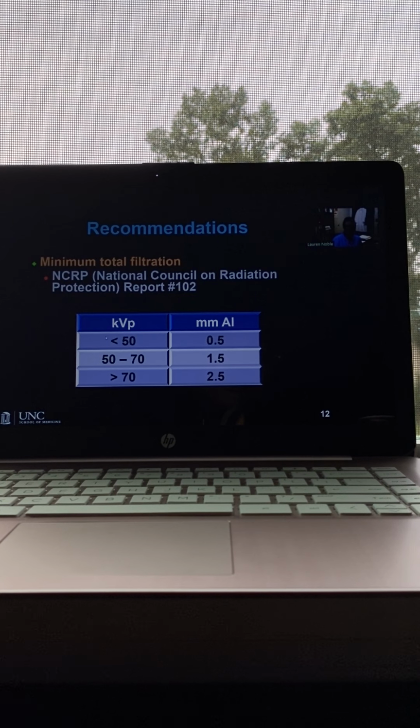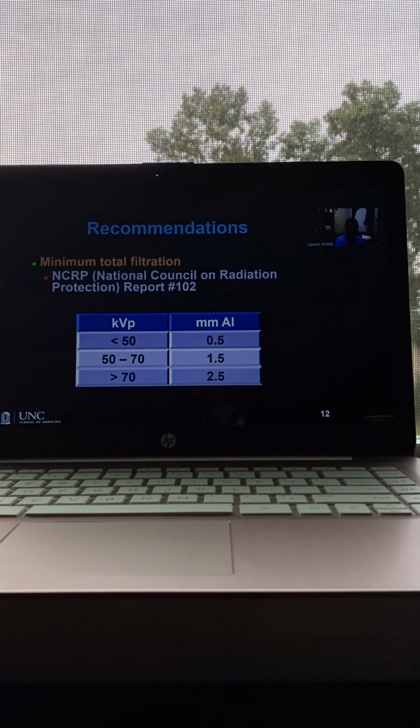If it's a facility where the tube operates at less than 50 kVp and it can't go any higher, then the filtration is only 0.5 millimeters of aluminum. This really would pertain to dental imaging, because they do use less than 50 kVp. For teeth, they're somewhere in the neighborhood of around 30 kVp.